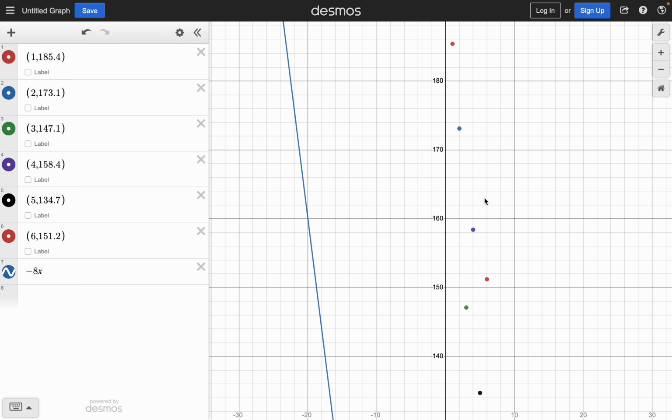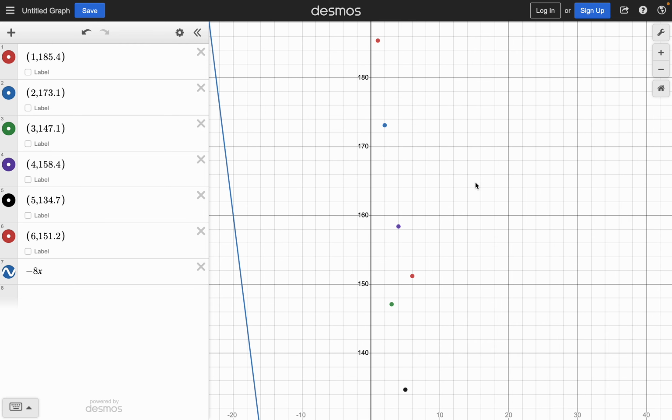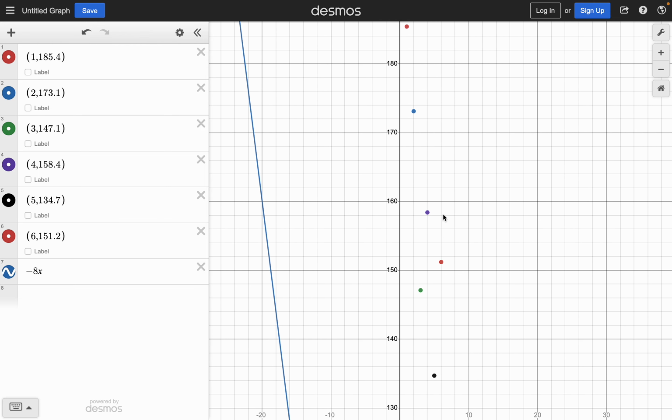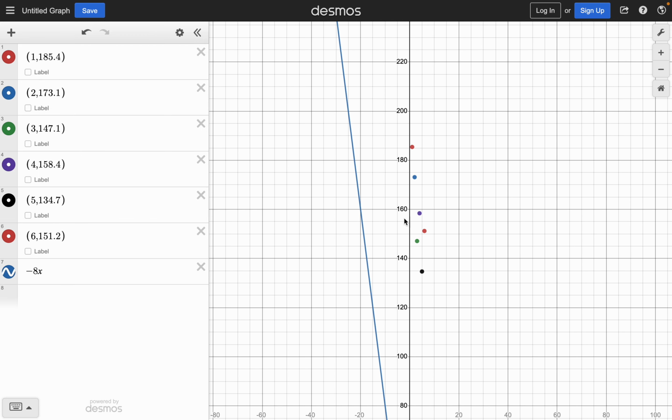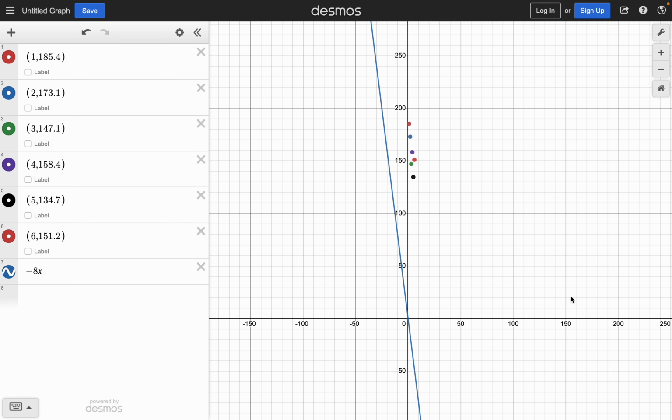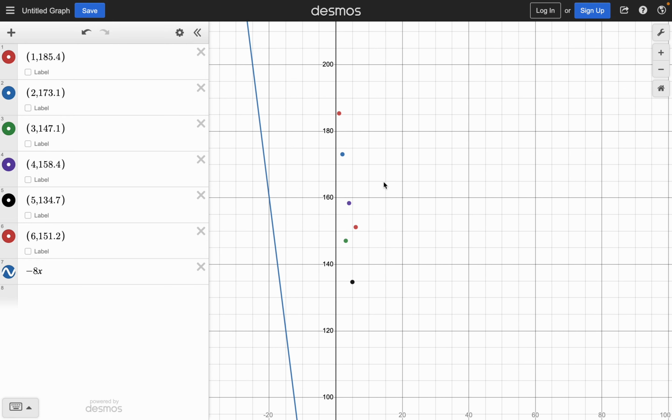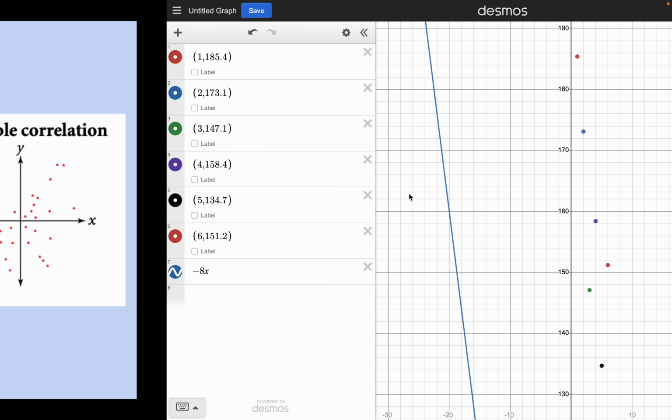So in this case, it's a very strong negative correlation that we can see with this scatter plot, but we still need to take into account the x-axis. In this case it doesn't really matter, but in other cases it would.